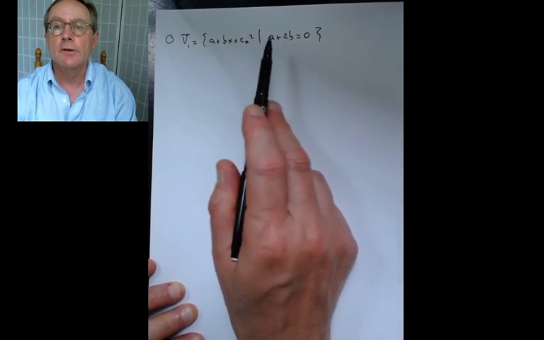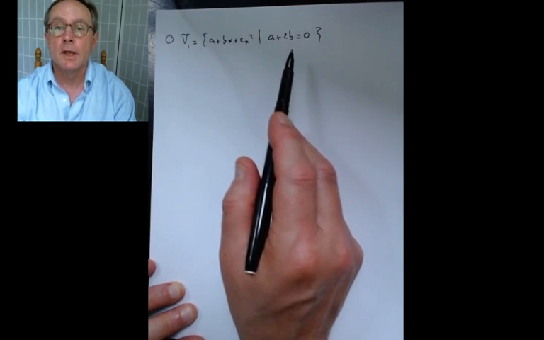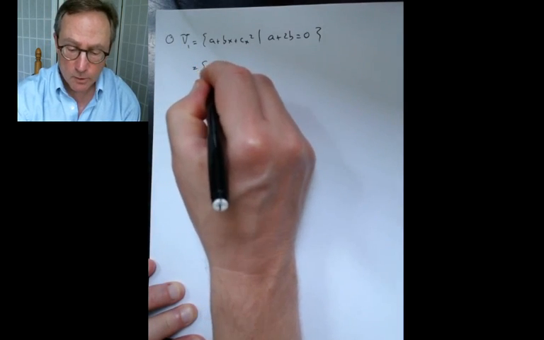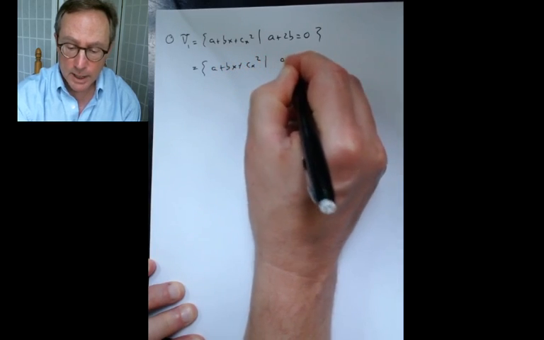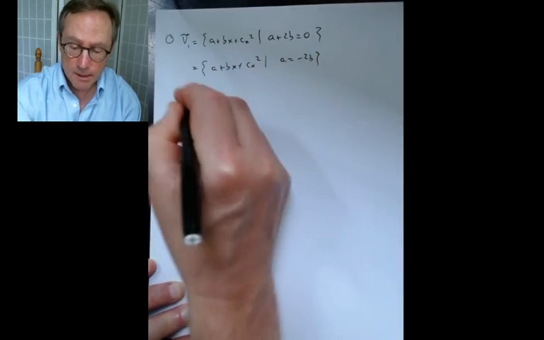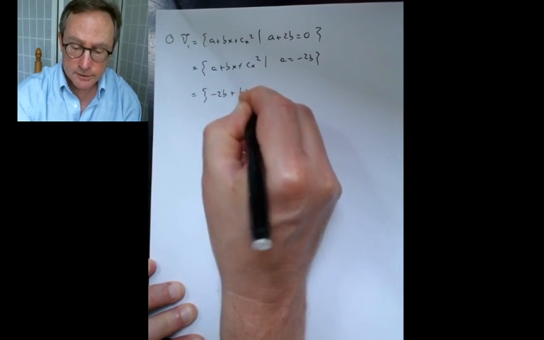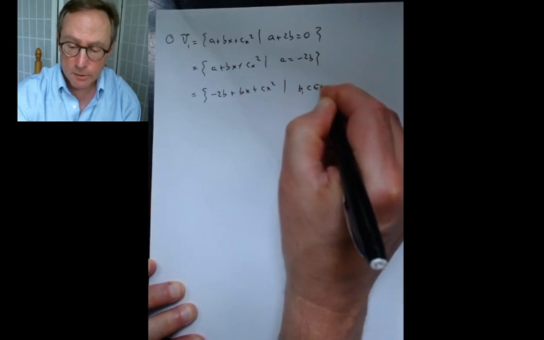So the idea here is you think of this as a linear system. It has only one equation, but so what? It's a linear system. A is leading, B is free, B is not leading. So a plus bx plus cx squared, where a is minus 2b. We write that as minus 2b plus bx plus cx squared, where b and c are both free variables.